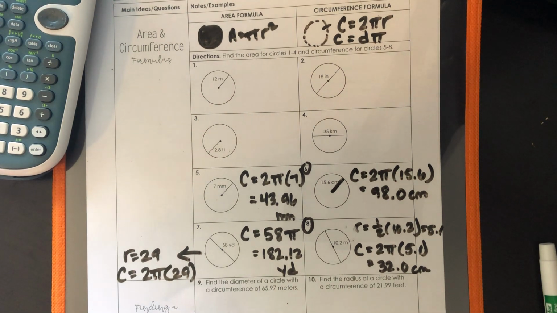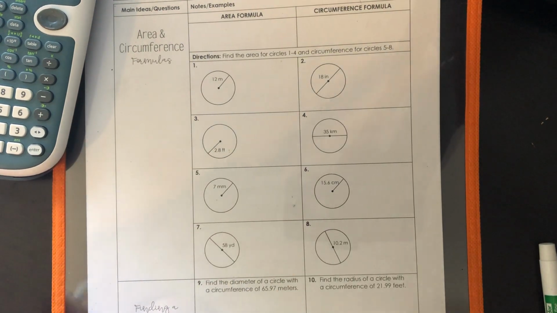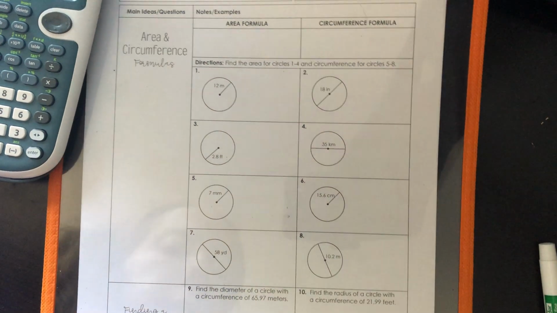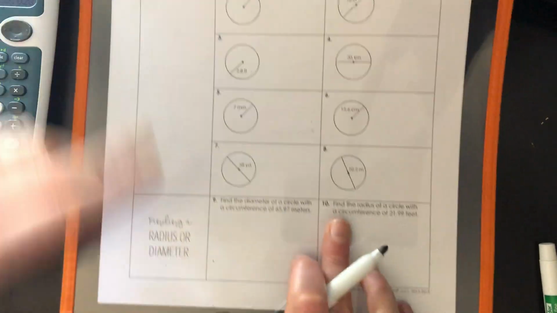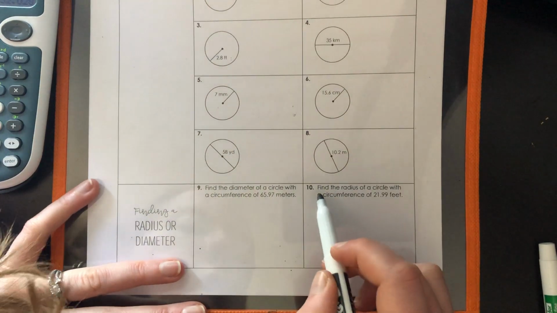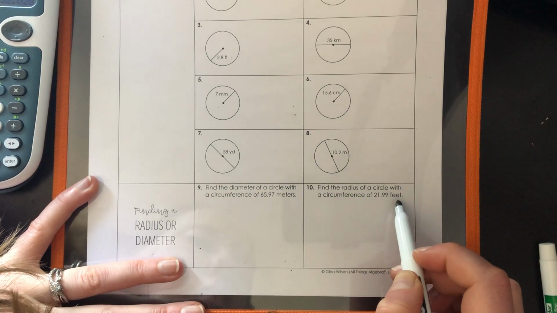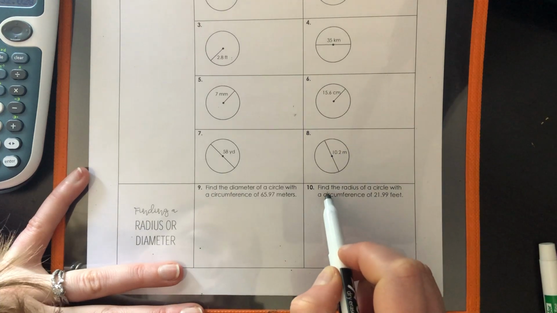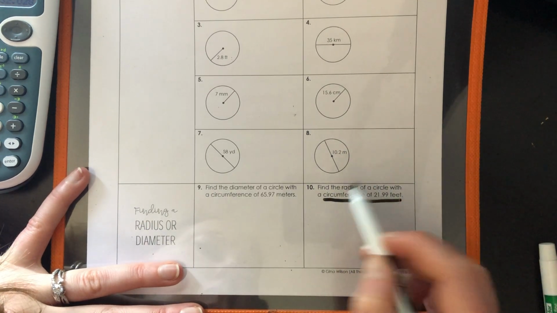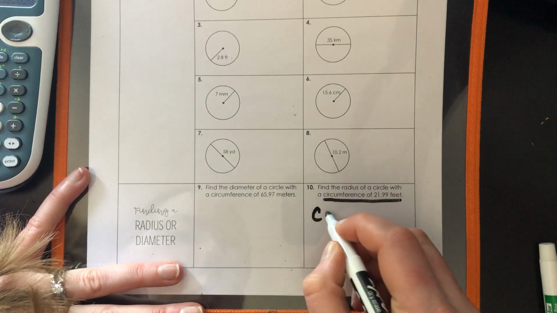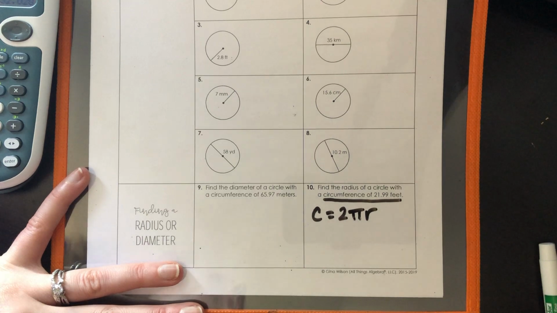Now, let's talk about finding radius or diameter. I'm going to work out 10 first with everybody. So 10, find the radius of a circle with a circumference of 21.99 feet. So I must need to use circumference for a reason to help me find radius. So my circumference formula is C equals 2 pi r.